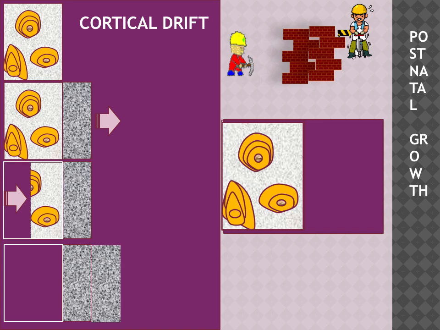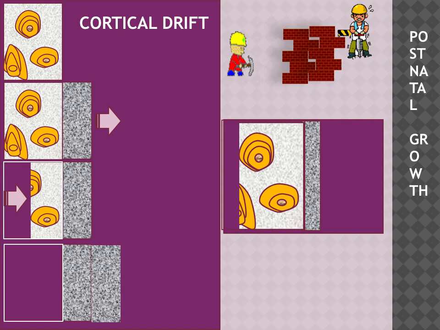So if this is a spongy bone and you have one layer of cortex, and suppose there is resorption of a little of your spongy bone, in turn, to compensate for the shape, there is deposition on the other side. Here the other side is the cortex. So a little cortical bone has been increased.